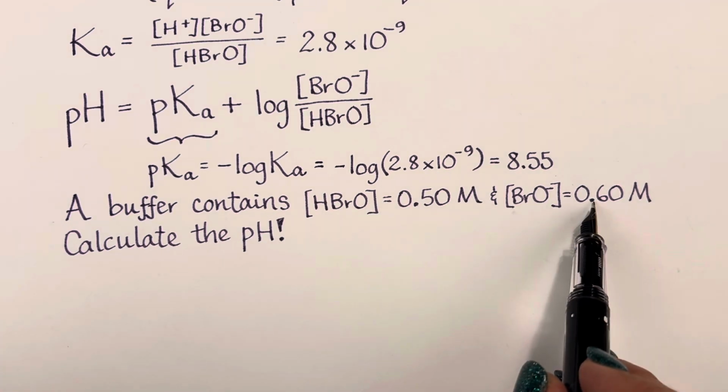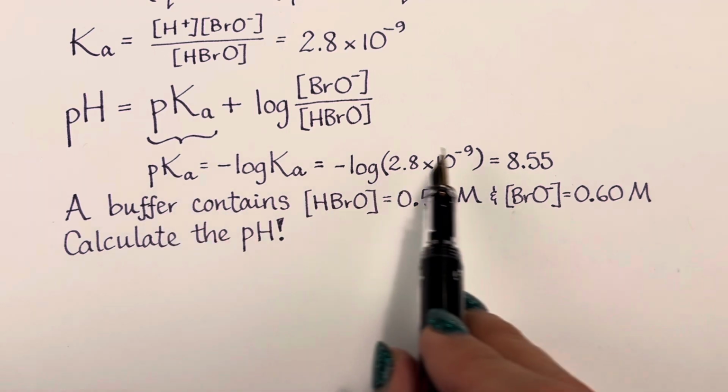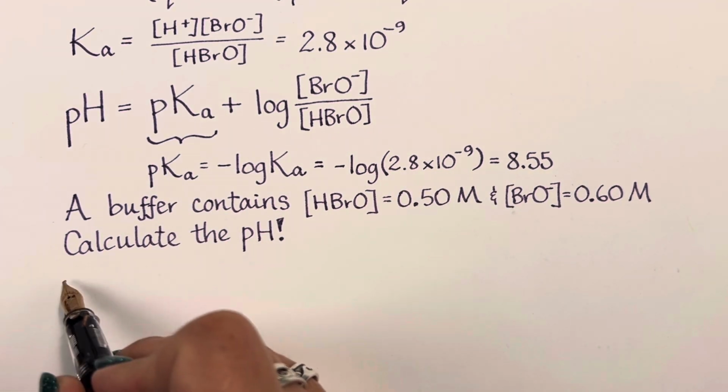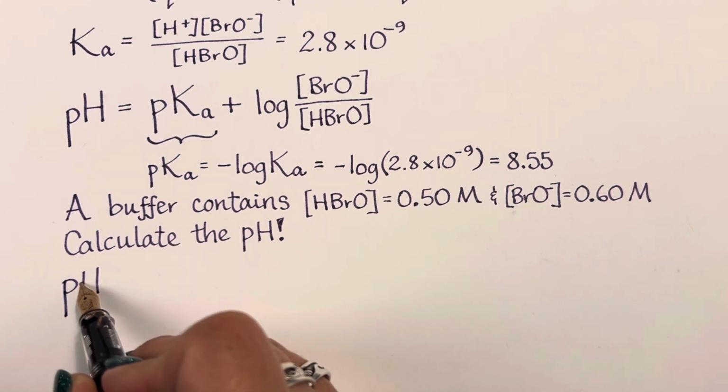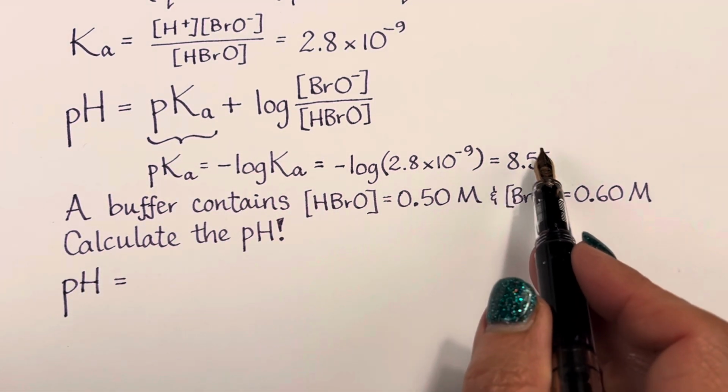We know what those concentrations are, and we just calculated the pKa. So we are ready. pH equals, all right, we calculated the pKa, it's 8.55.